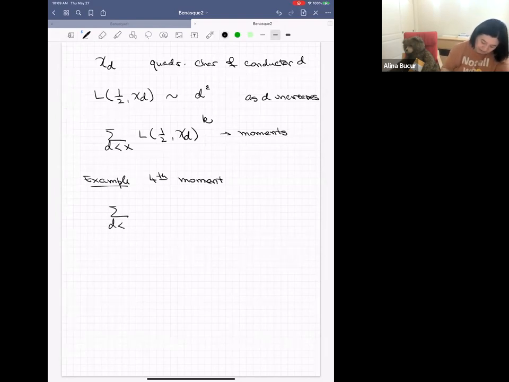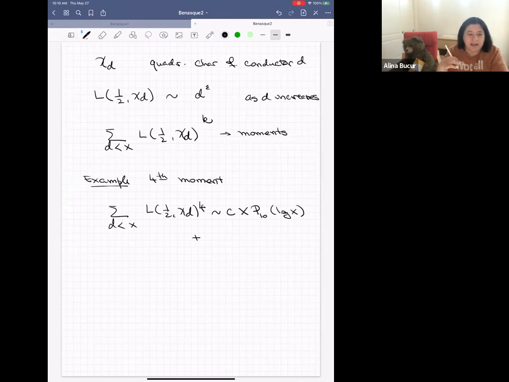If you look at these, this is supposed to grow like some constant times X times a polynomial of degree 10 in log X, and that's the main term. Random matrix theory cannot really tell you anything about the lower order terms.